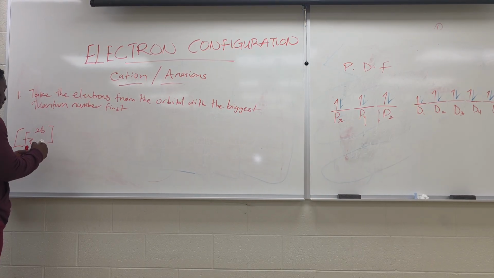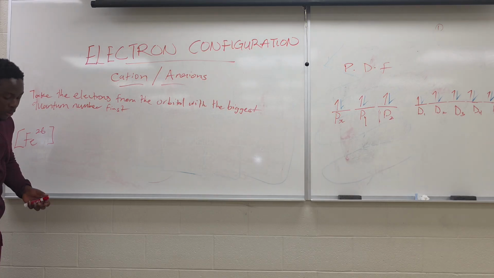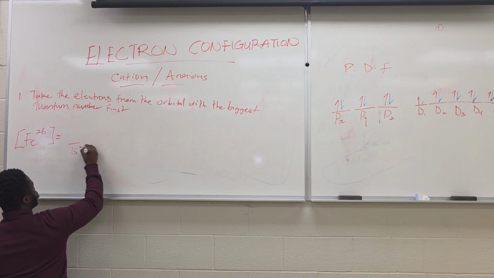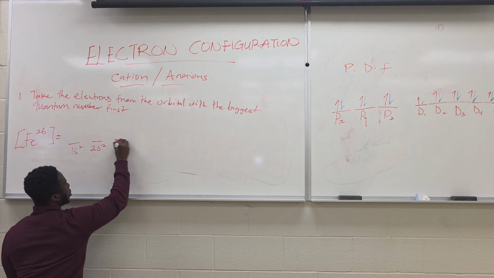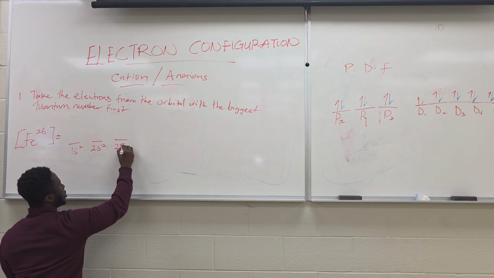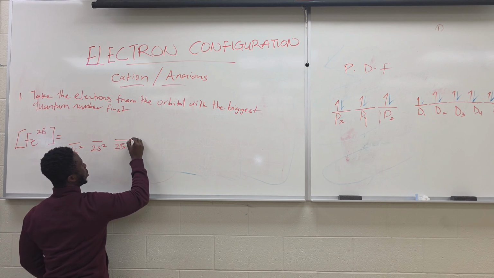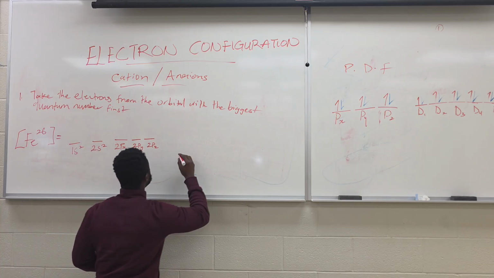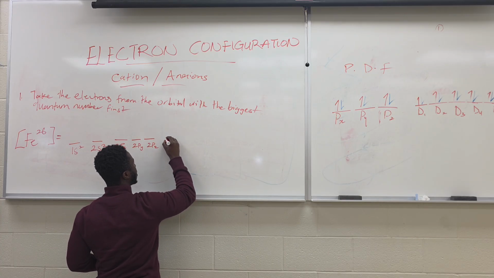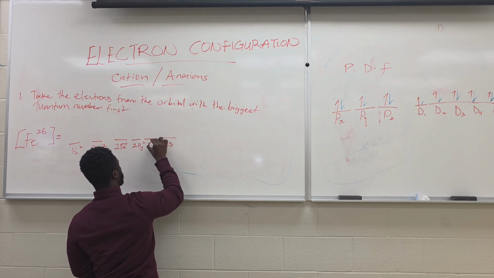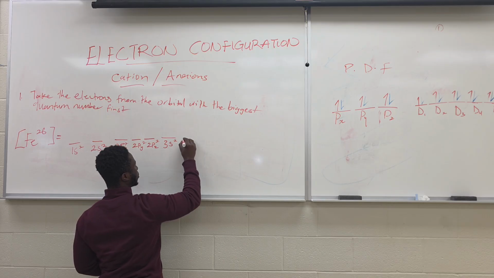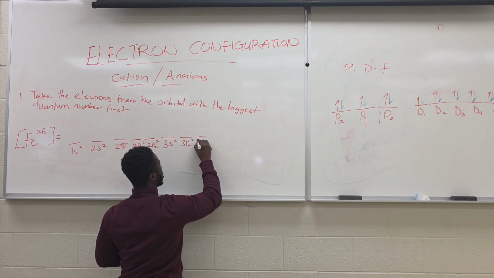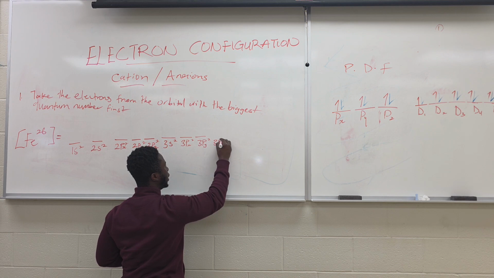Writing the ground state electron configuration of iron would be something like this: 1s2, 2s2, 2px, 2py, 2pz, and then we go over here to 3s2, 3px2, 3py2, 3pz2.